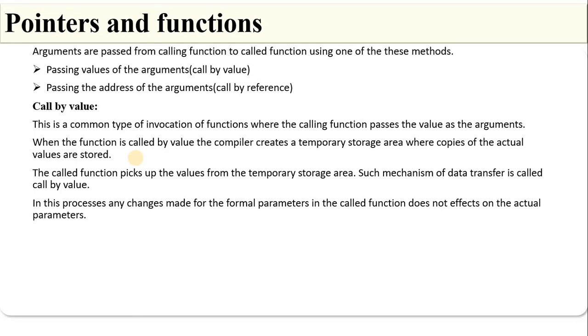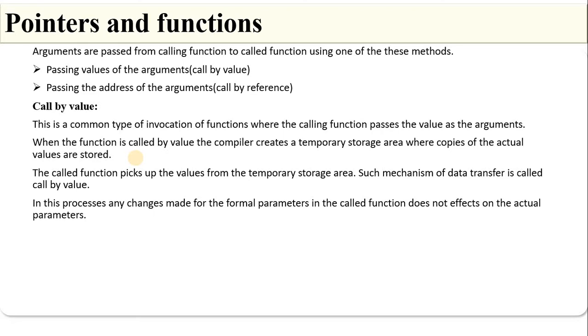So there are two different variables, each having the same value because it is copied from the temporary area, and within the temporary area the actual parameters' values are copied. Thus, if you make any changes to the formal parameters, those are not affecting the actual parameters here because it's a copy, it's a carbon copy.